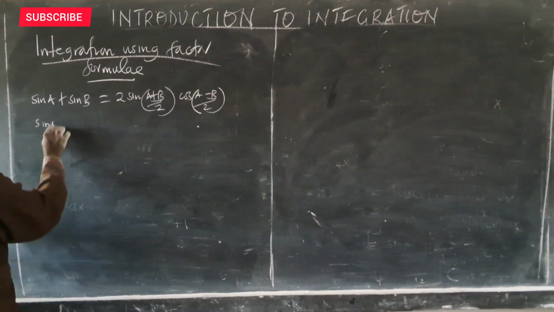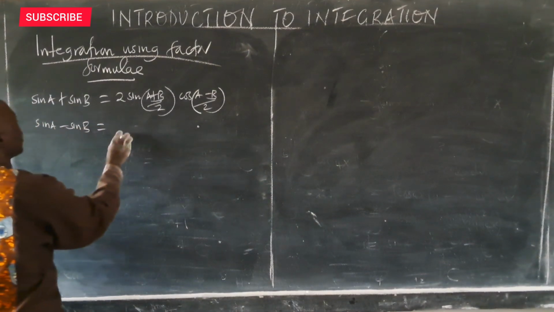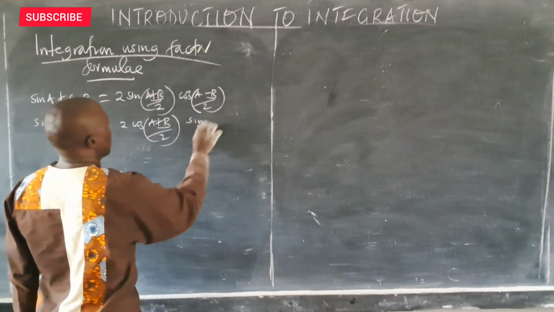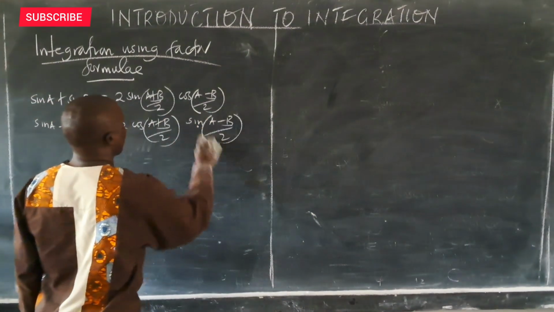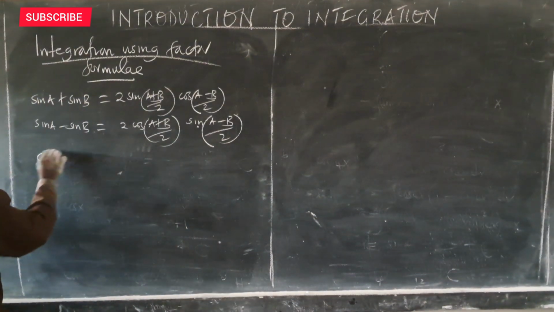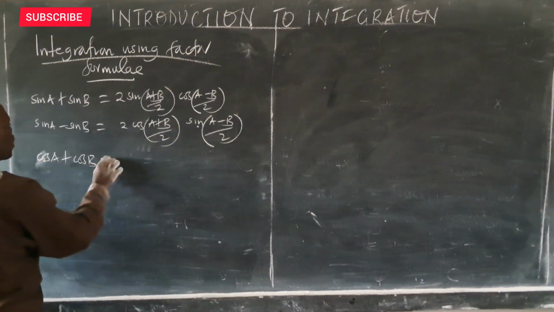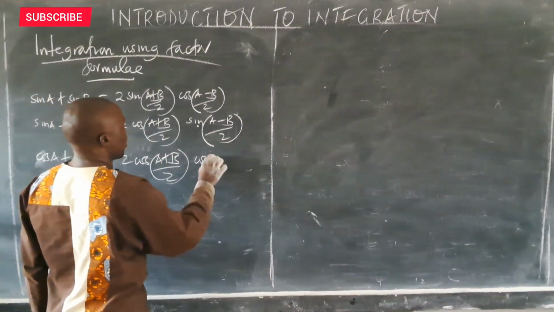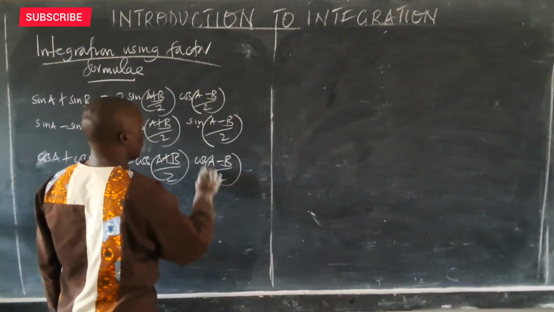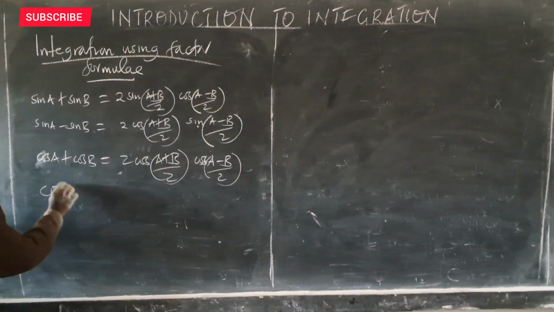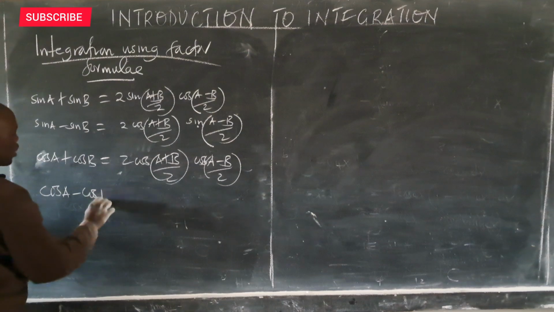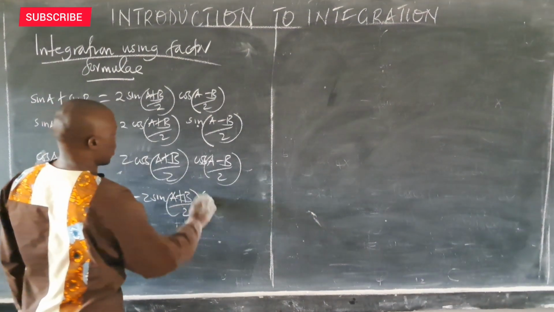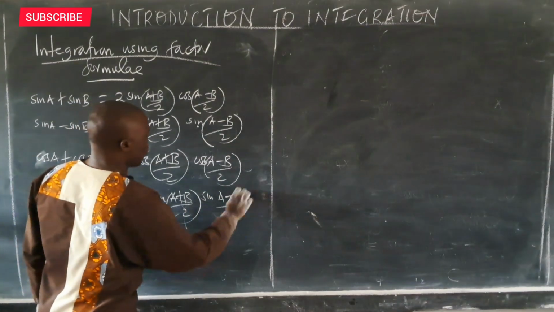Then the difference, sine A minus sine B becomes 2 cos (A plus B) over 2 sine (A minus B) over 2. Then cos A plus cos B becomes 2 cos (A plus B) over 2 cos (A minus B) over 2. Then if you have cos A minus cos B, it becomes negative 2 sine (A plus B) over 2 sine (A minus B) over 2.